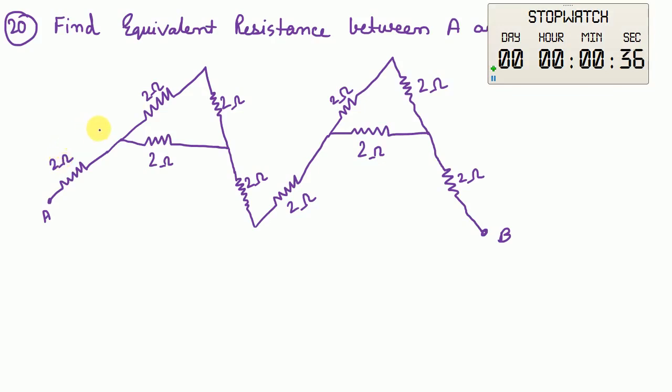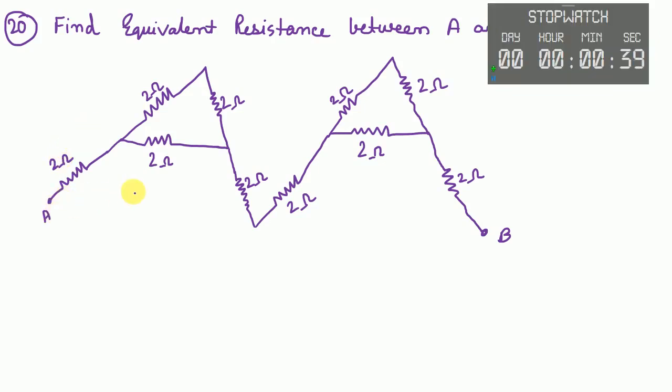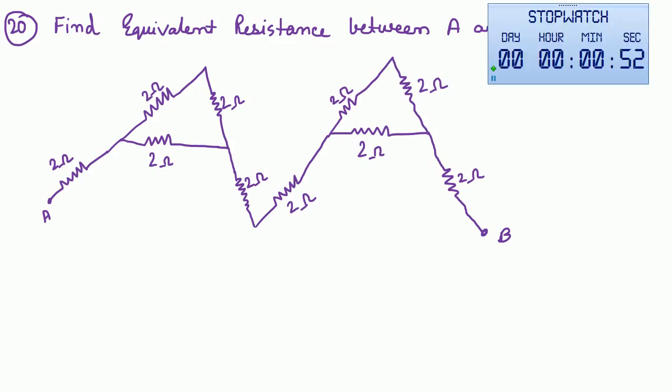Think over it. Here you have to just calculate the resistance. There is no need of potential over here. Okay, I'll give some more time because it was a long question. Okay. Come on. Let's get started.